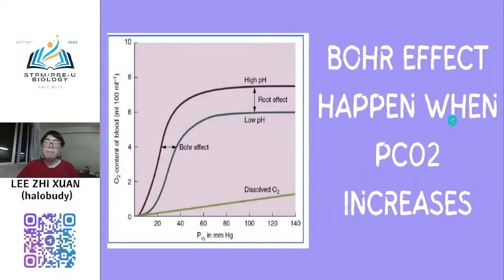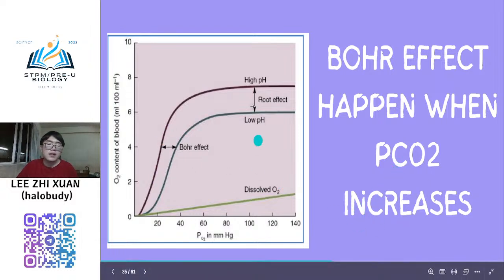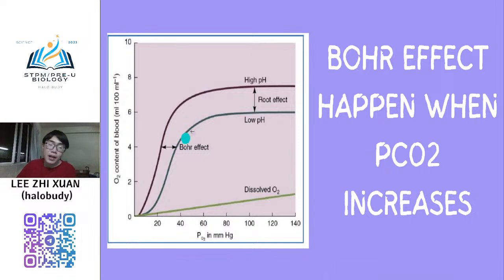Normally the Bohr effect will happen when the partial pressure of carbon dioxide is increasing. If you look at this diagram, the right hand side is our hemoglobin in the normal way.